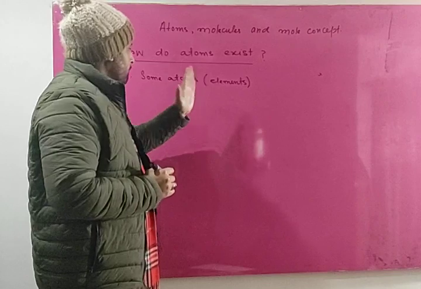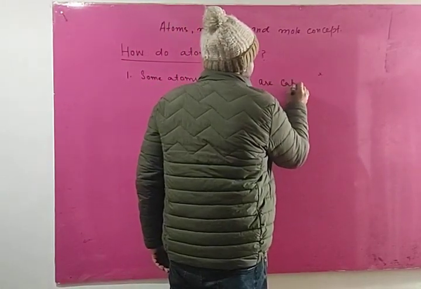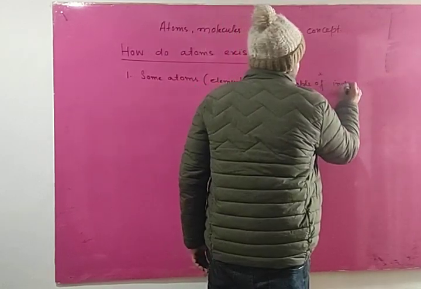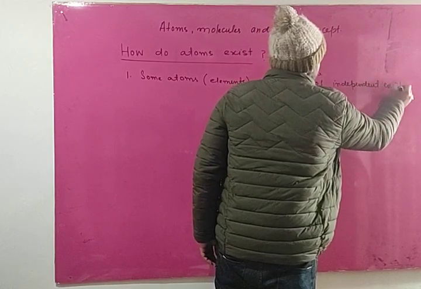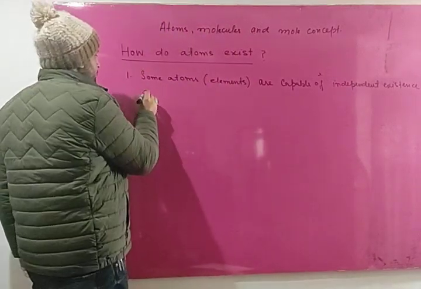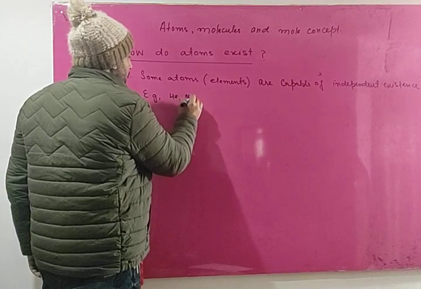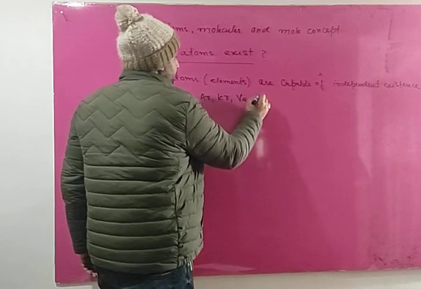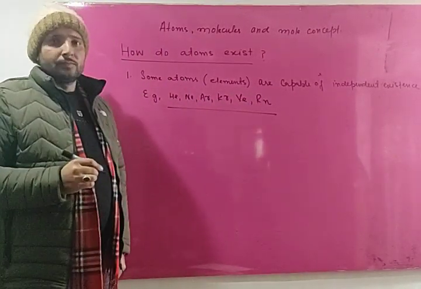So some atoms are capable of independent existence. Examples we have noble gases: helium, neon, argon, krypton, xenon, radon, for example. Right?